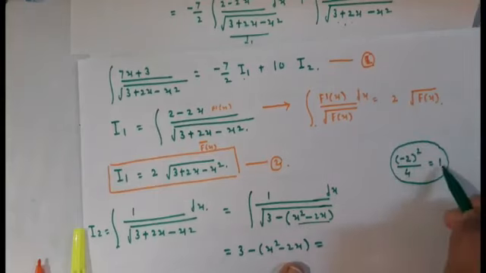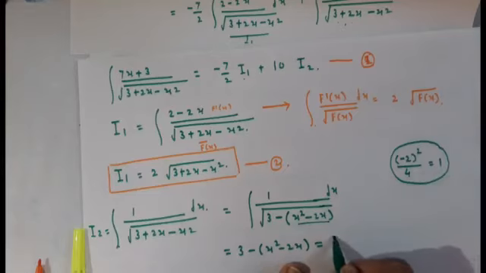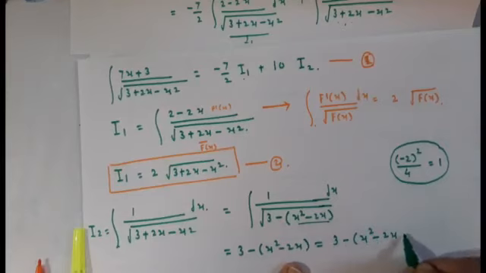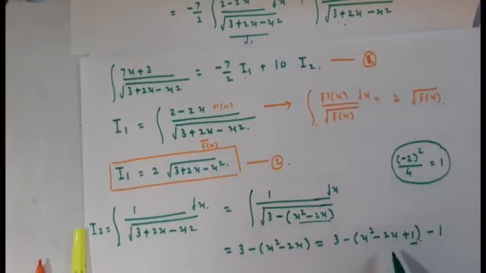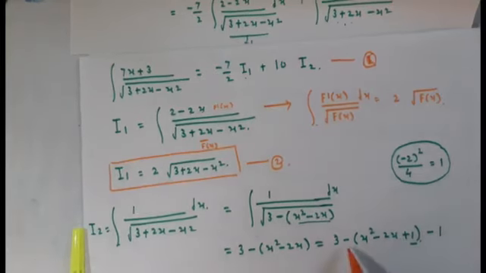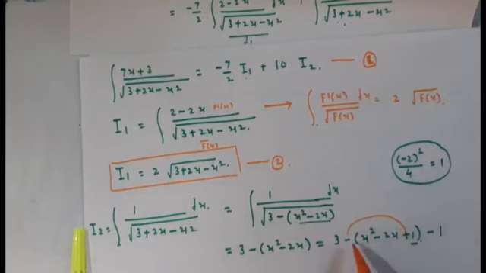That's why we have to adjust the term 1. Therefore 3 minus x square minus 2x plus 1. So plus 1 and minus 1, the term we have to adjust here. But see students, this is plus 1, and outside the bracket there is a negative sign, therefore plus times minus gives minus.